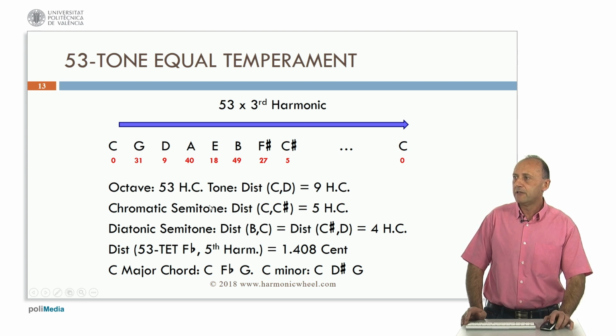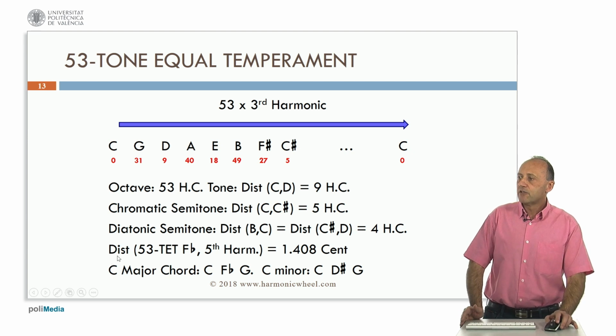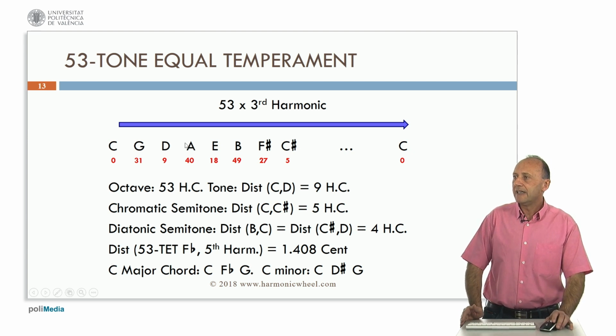The chromatic semitone from C to C sharp, 5 commas, and the diatonic semitone from C sharp to D, 4 commas. Also from B to C. B has 49 commas, plus 4 is 53, which is again C. If we now consider the fifth harmonic, it is an E, but it is not this E. In this system, the nearest note to the fifth harmonic is not E, but F flat, the distance being 1.408 cents.